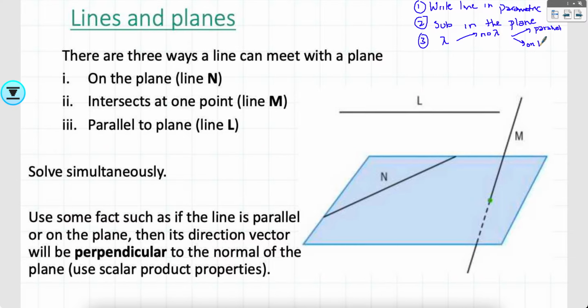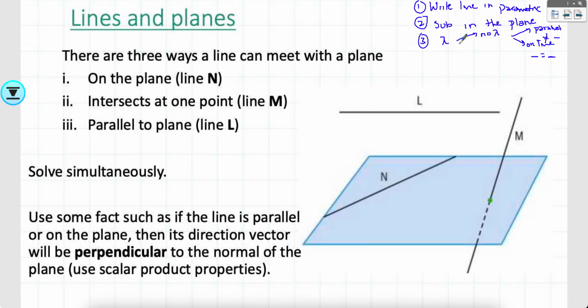You're on the plane if you get a logical statement, like 5 equals 5. And you would be parallel if you get an illogical statement, two things that don't make sense, like 10 equals -3.